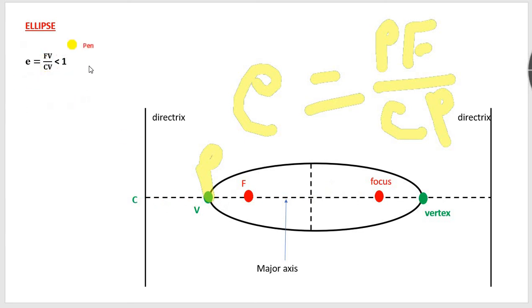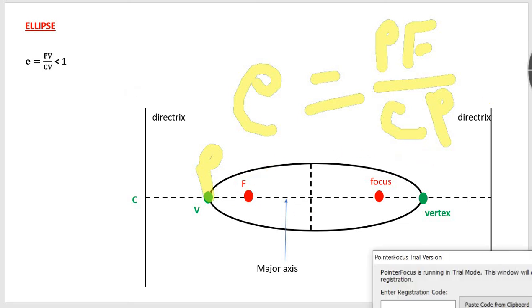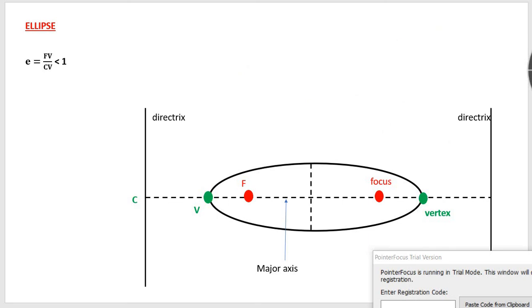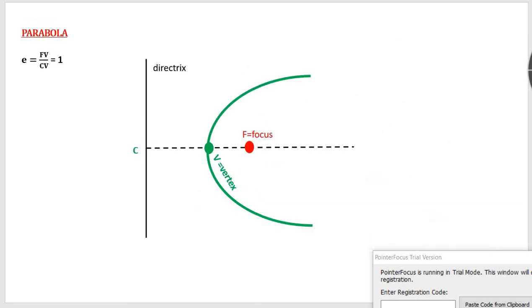So we get this value, and if you do one calculation, you will find that it is always less than 1. Either you will get E is equal to 2 by 3 or 1 by 2, always less than 1, and if it is less than 1, we say it is an ellipse, and an ellipse will look like this.